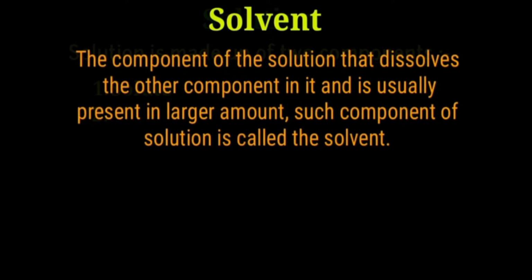It dissolves the other component in it, and it is generally present in larger amount. So three things you have to remember about the solvent: it is a component of the solution, it dissolves the other component in it, and it is usually present in larger amount.